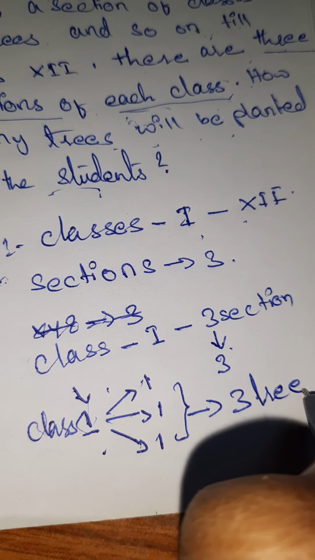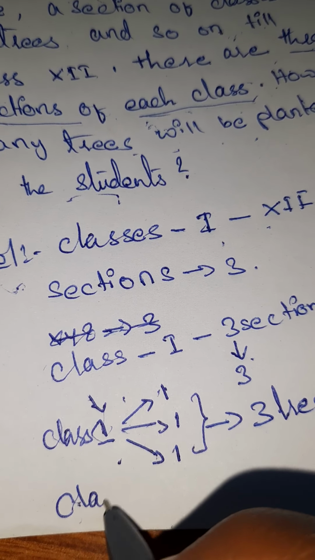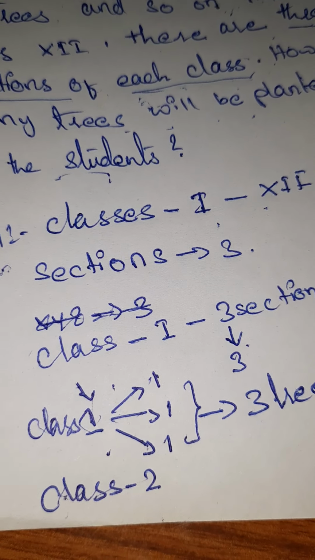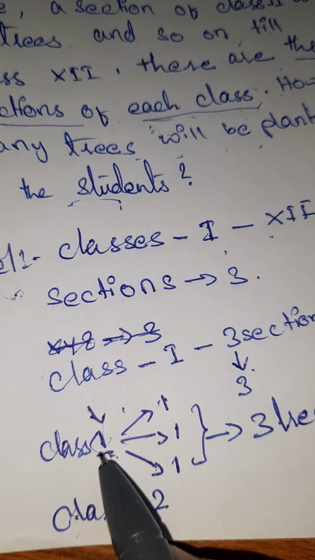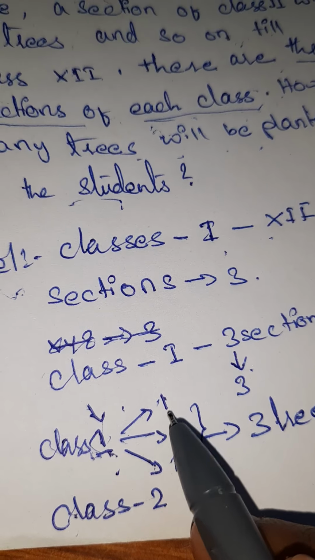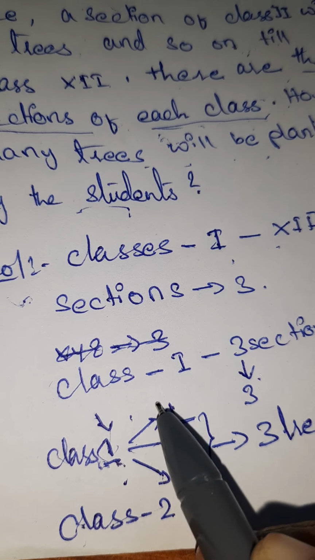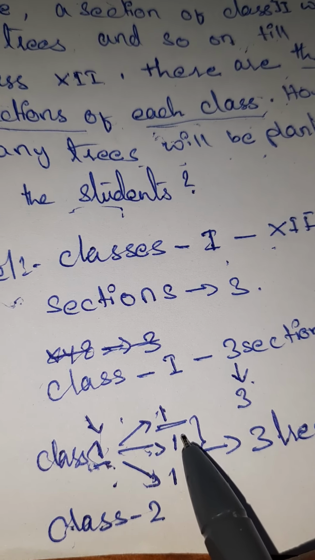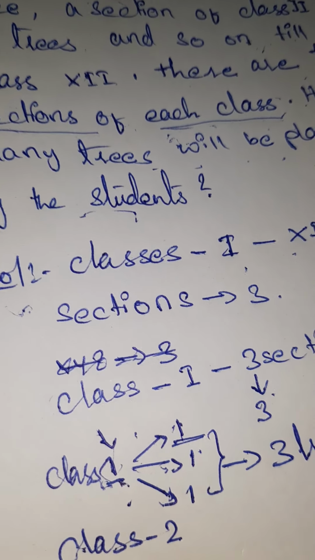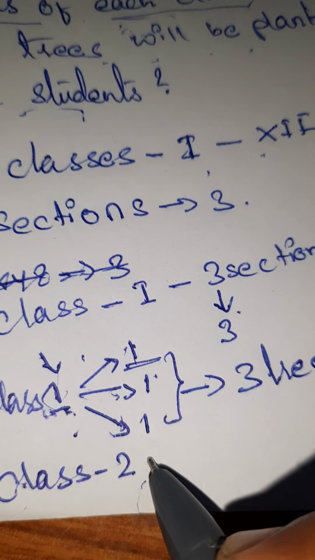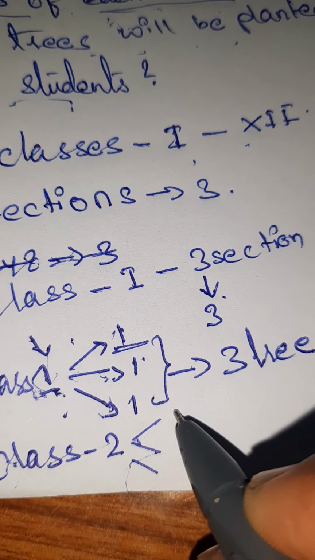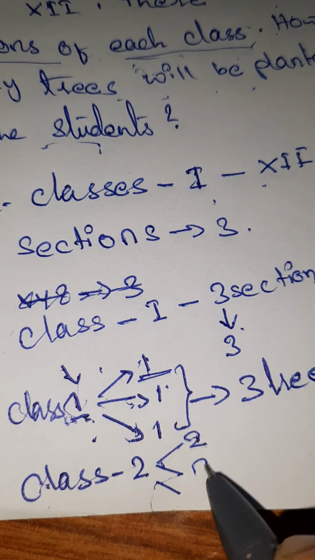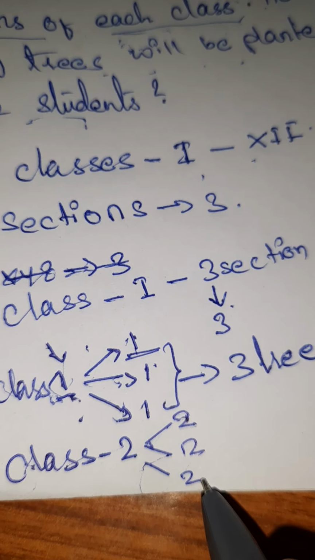In the similar way, class 2 will plant according to class 2. Here the students are studying in class 1, that's why they'll plant only one tree per section. According to their class, they have to plant only one tree. If the students are studying in class 2, with three sections, each section has to plant two trees because they're studying in class 2.